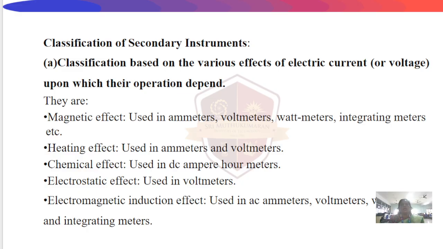Third, chemical effect, used in DC ampere hour meters. Fourth, electrostatic effect, mainly used in voltmeters. And fifth, electromagnetic induction effect, used in AC ammeters, voltmeters, wattmeters, and energy meters. So, depending on which physical effect is used, the instrument design changes.